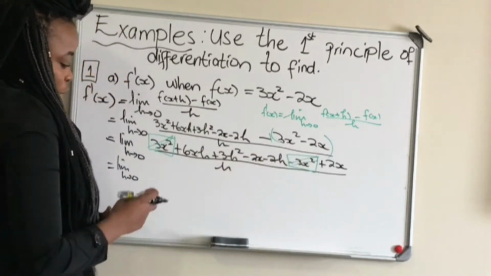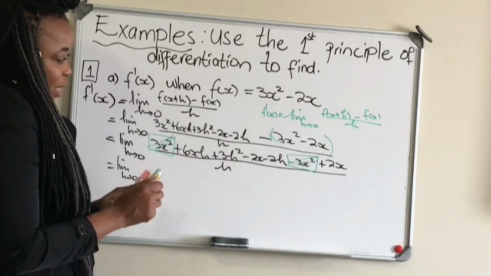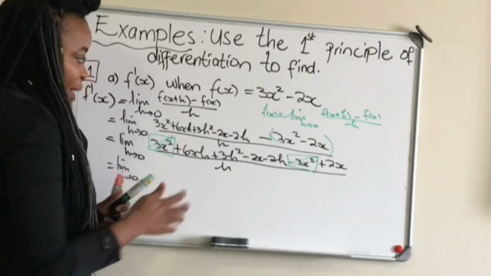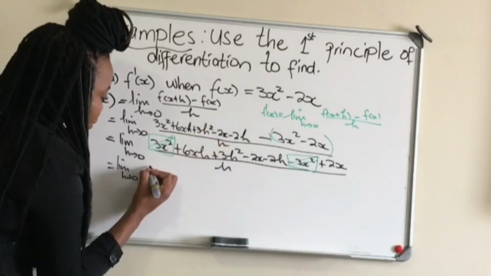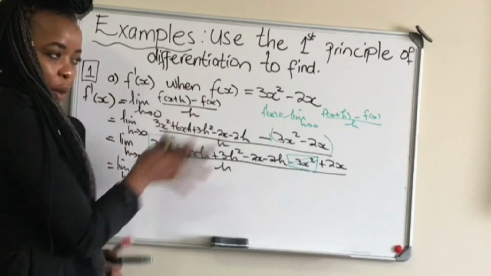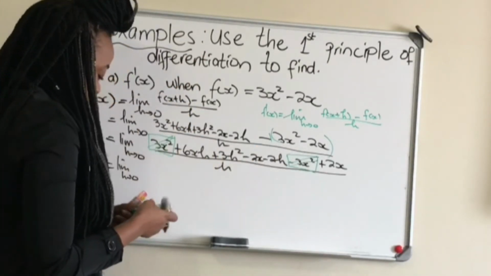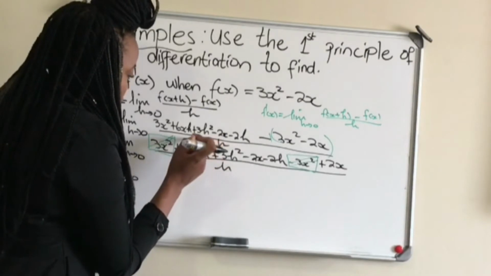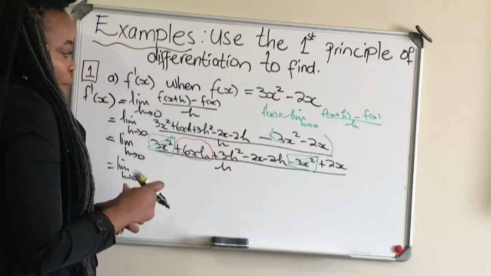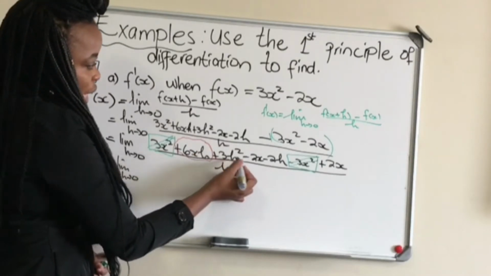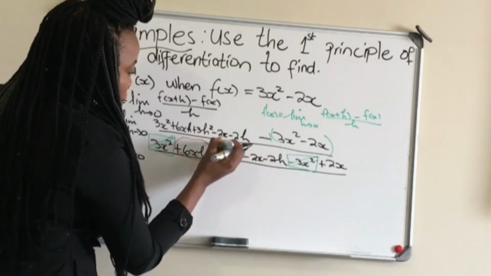Then we go to the next one. We have positive 6xh. Do we have another 6xh elsewhere? No. So we write it down. Before we write anything down, let's first finish grouping the like terms. This is positive 6xh, and it doesn't have a like term. So we are done there. And then we go to 3h squared. This is positive 3h squared.